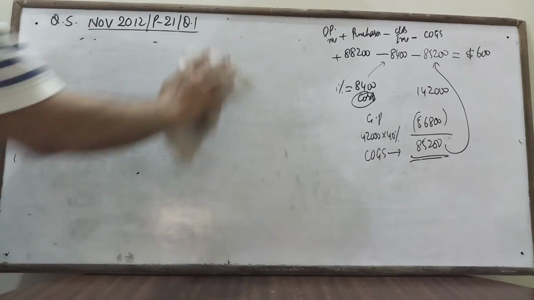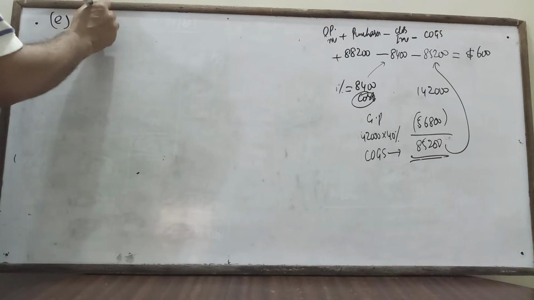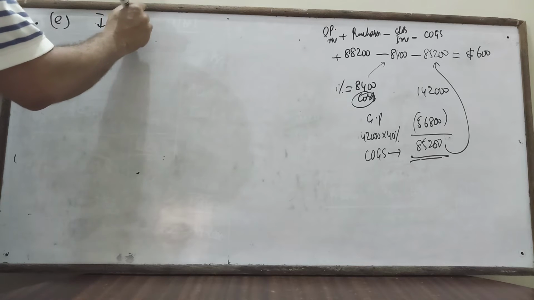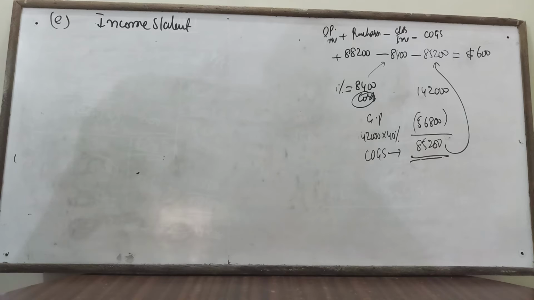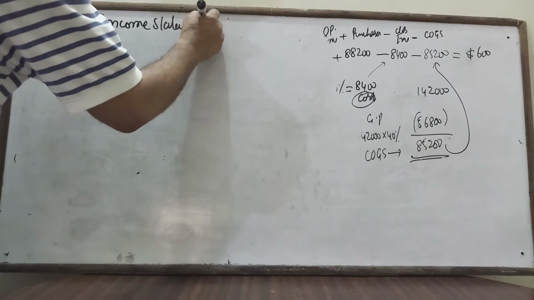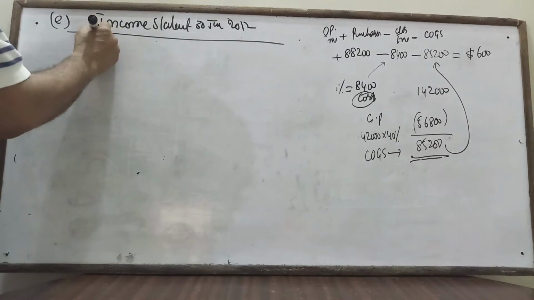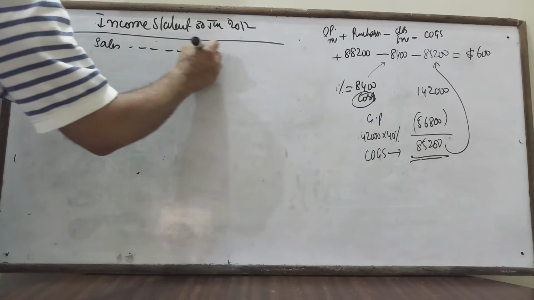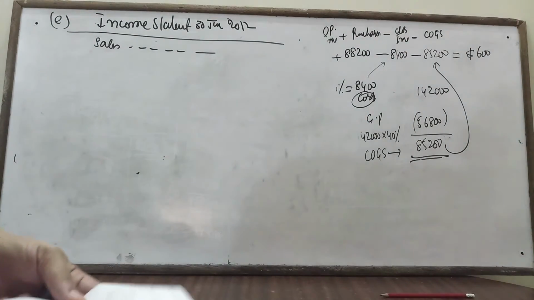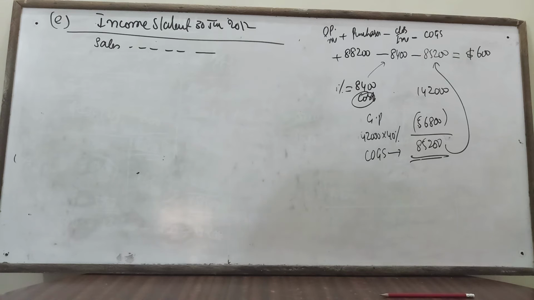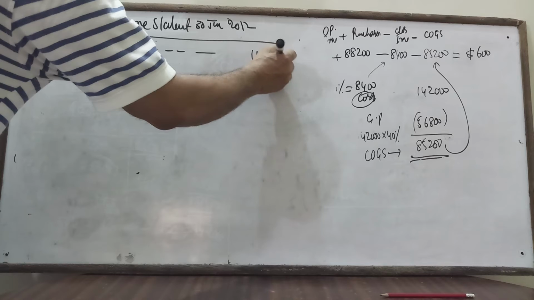When you prepare the income statement for 30th June 2012, we start with the sales total figure. The total sales figure given here is 142,000, which we have already calculated.